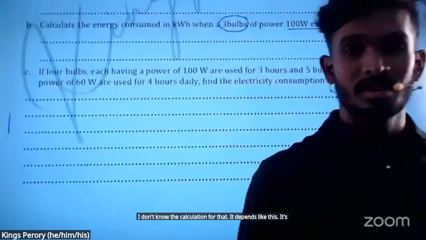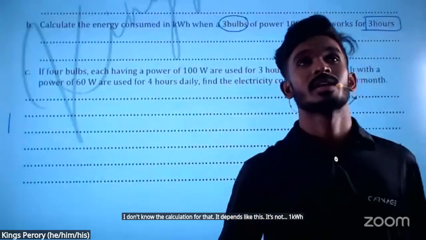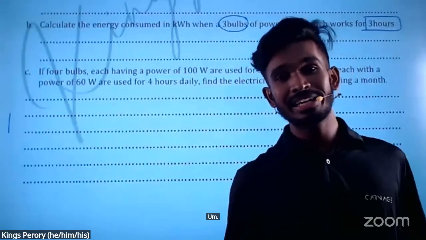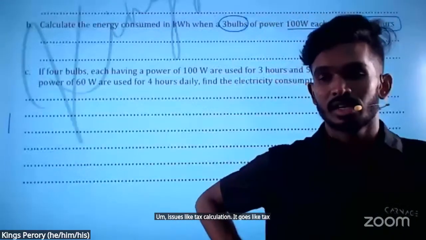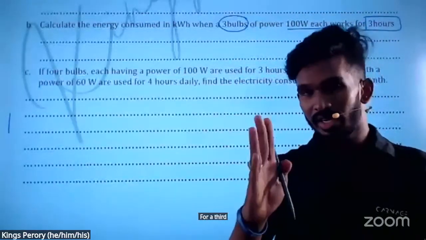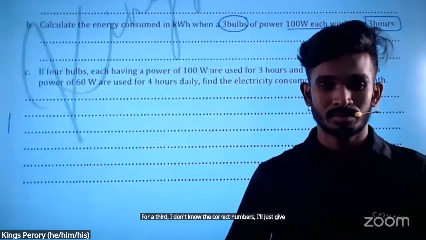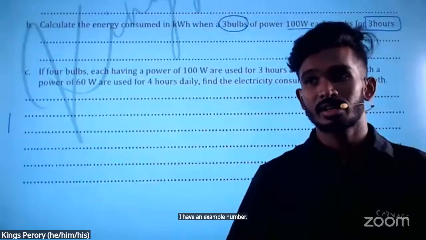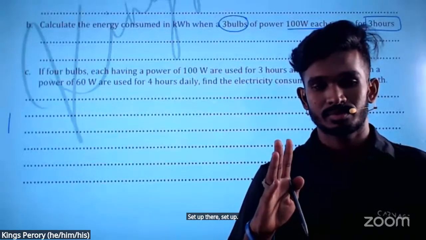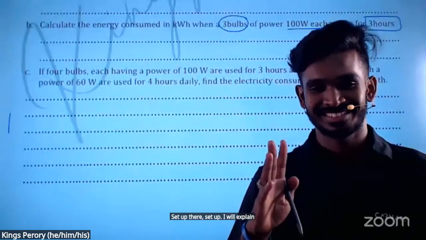It's not 1 kilowatt hour this much. It goes like tax calculation. It goes like tax calculation. For a cert, I don't know the correct numbers. I'll just give an Excuse me, example number. Sir. I'll give example number. Now let's Shut take. up, sir. Shut up. I will explain. Okay.